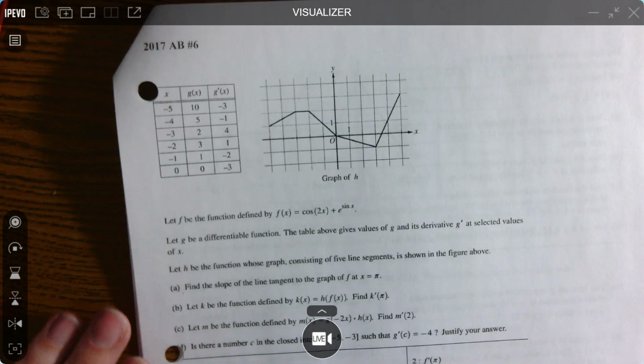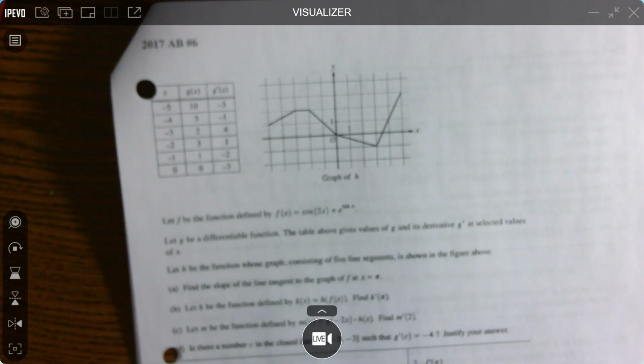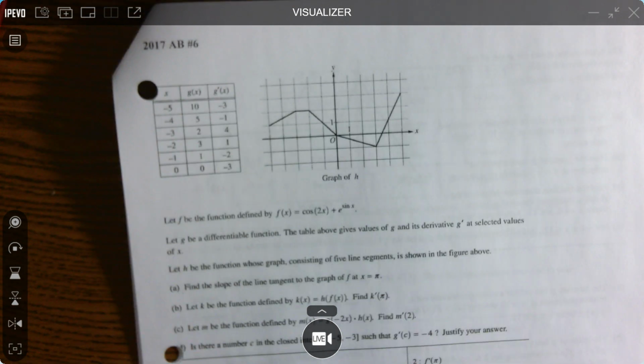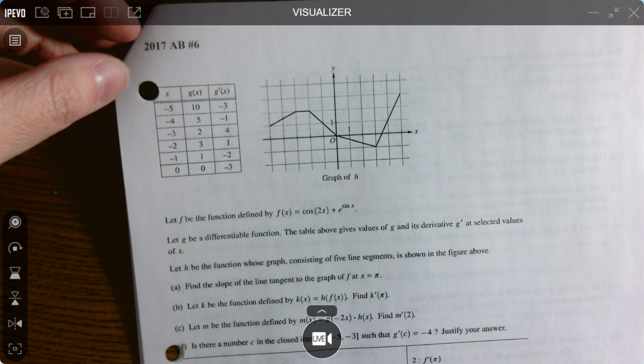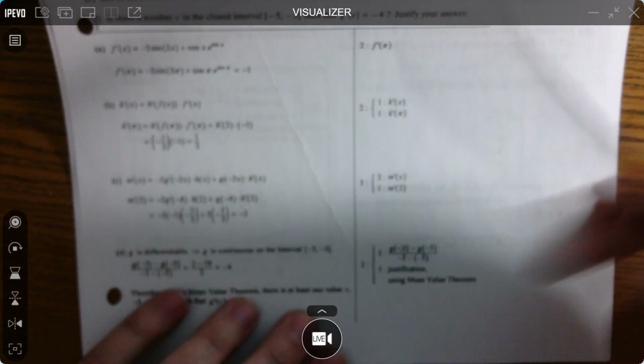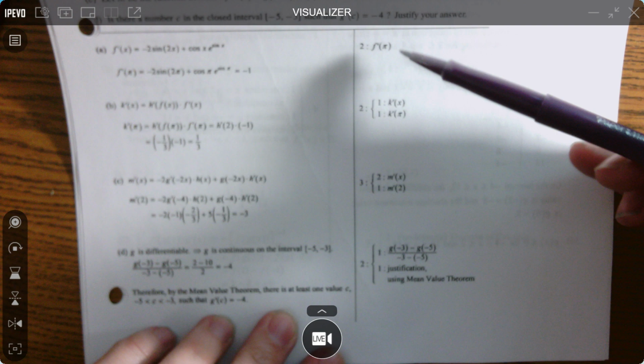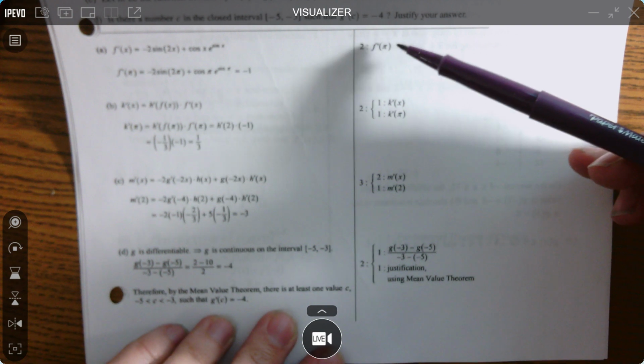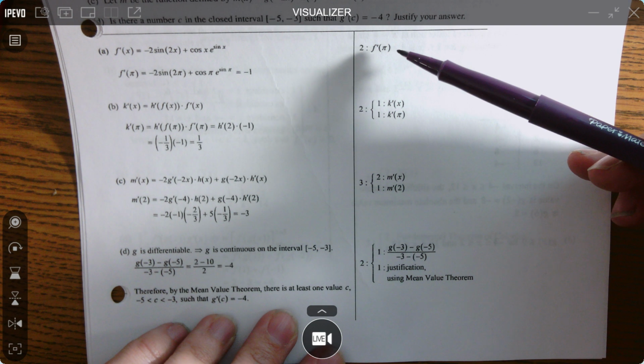The next few things here are just some practice problems that you can work through, and it does have the rubric attached. So let me give you advice on the rubric as far as I'm grading it. On the right, I think, is the easiest spot to look first. This one says that you earn 2 points for having f prime of pi correct.